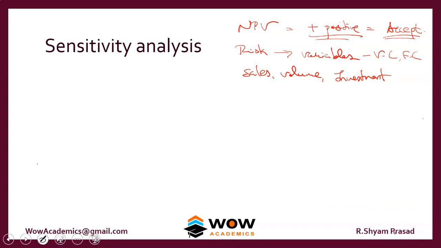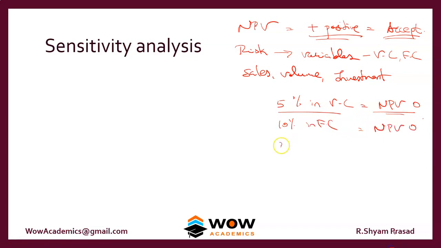So we are trying to find out what percentage change in variable cost will lead the NPV to 0. If a 5% change in variable cost leads to NPV becoming 0, that is sensitivity. We are doing the sensitivity on an individual basis for each and every item. So if there's a 10% change in fixed cost, then NPV becomes 0, or if there's a 20% change in investment, then NPV becomes 0.